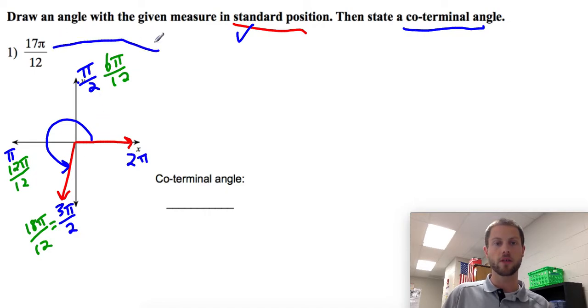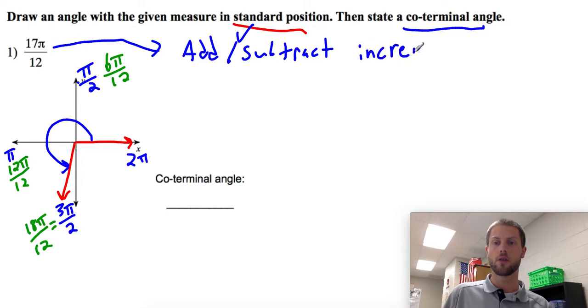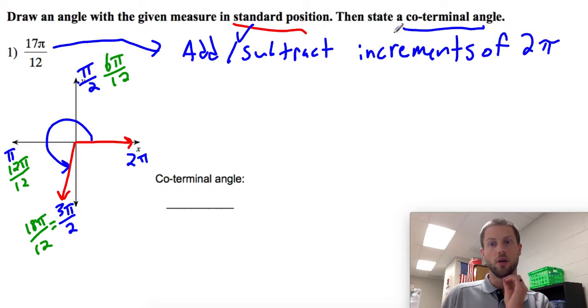The rule of thumb is, as long as you are adding or subtracting increments of 2 pi, this is how you find your coterminal angles.